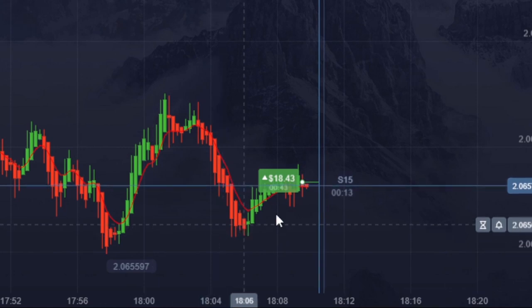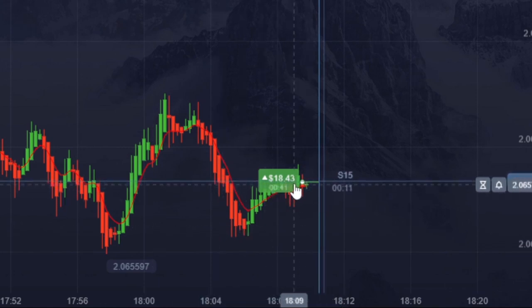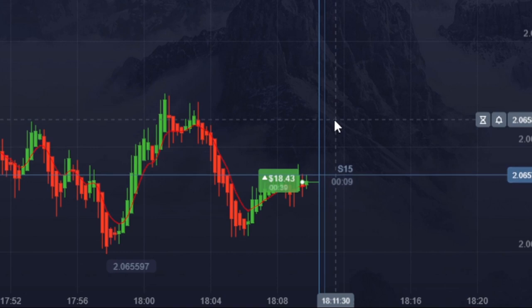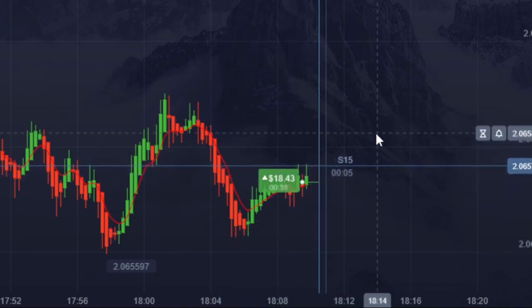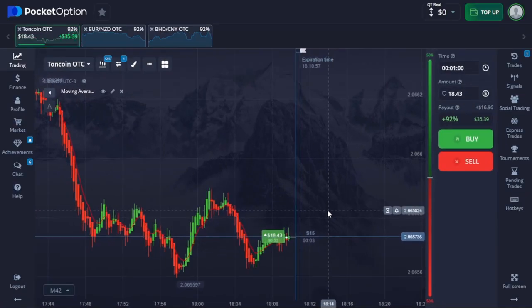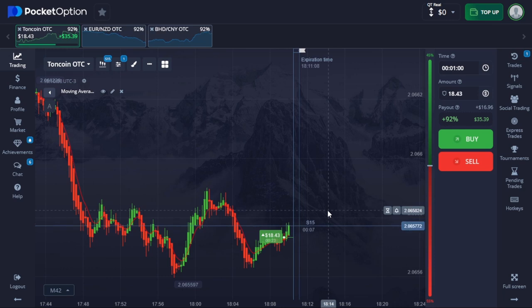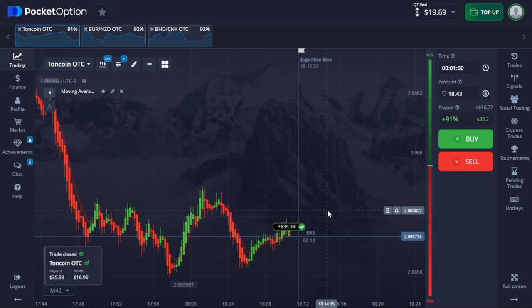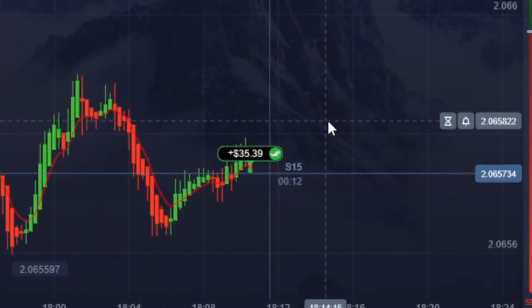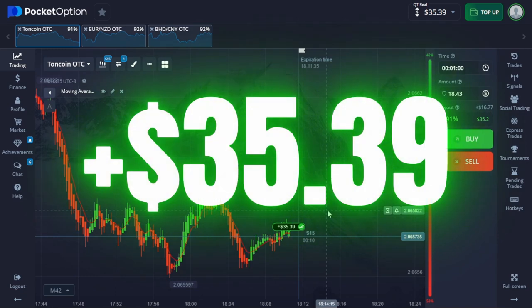So pay attention on this. Look at this, an uptrend. And we got our third win right now.